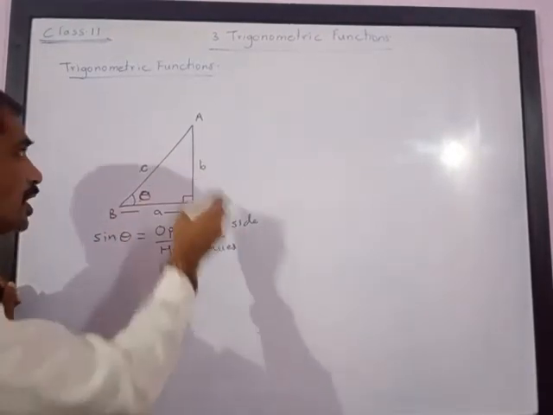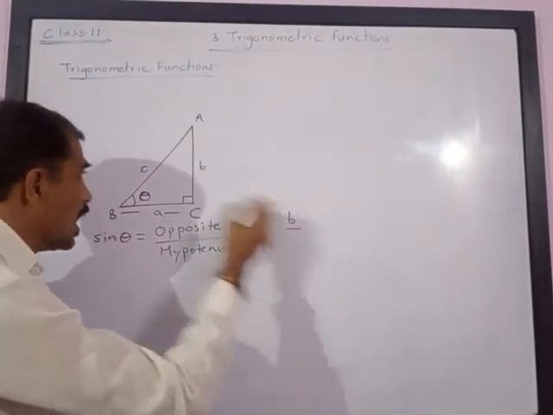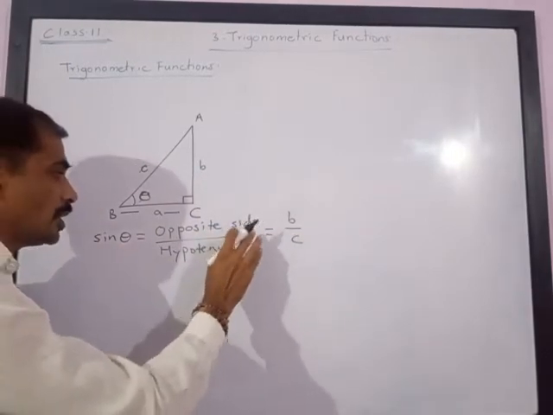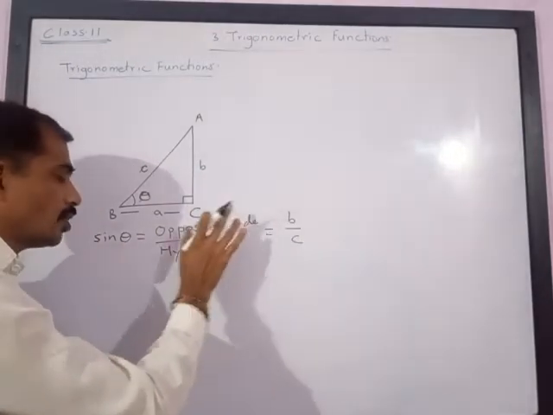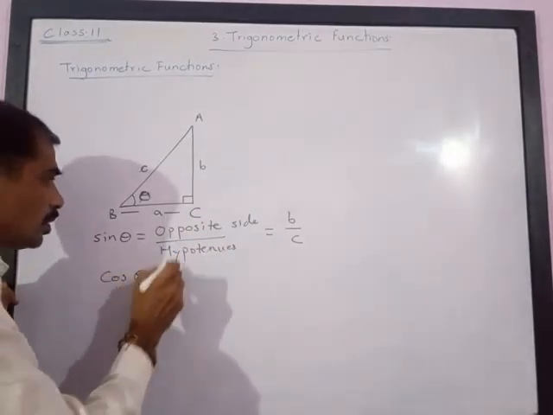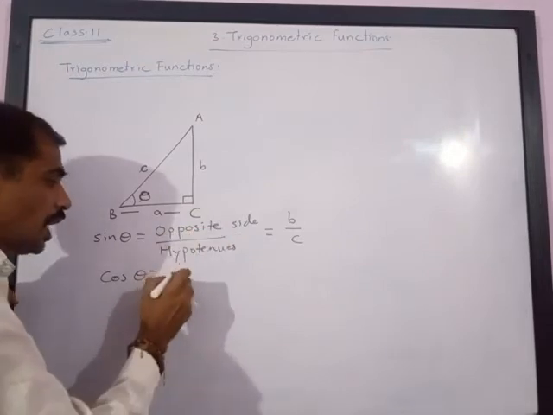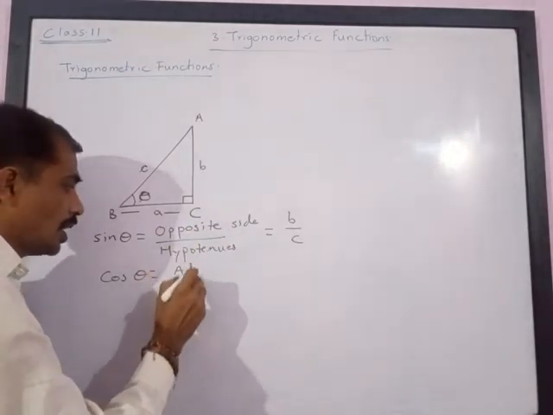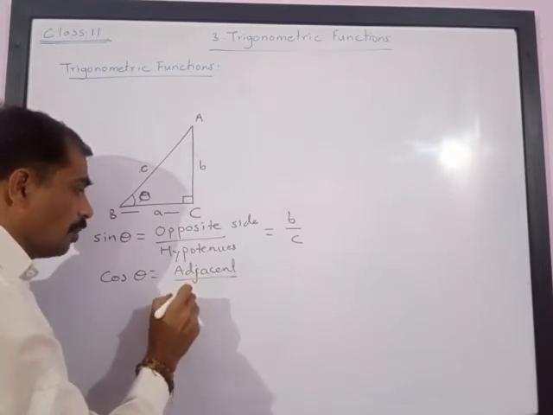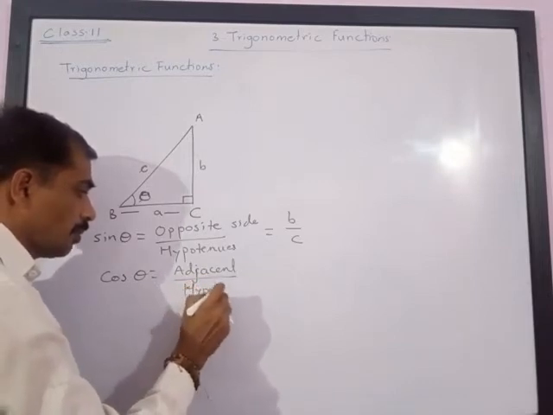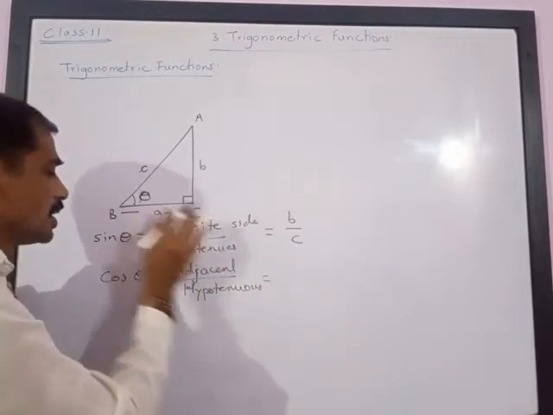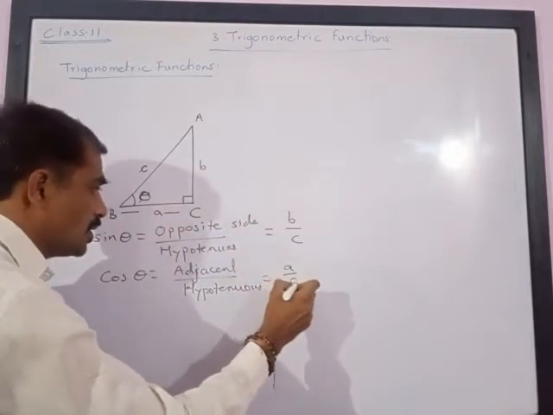Here opposite is b and hypotenuse is c. So sin theta is equal to opposite side upon hypotenuse. Cos theta is equal to adjacent side upon hypotenuse, that is equal to a upon c.